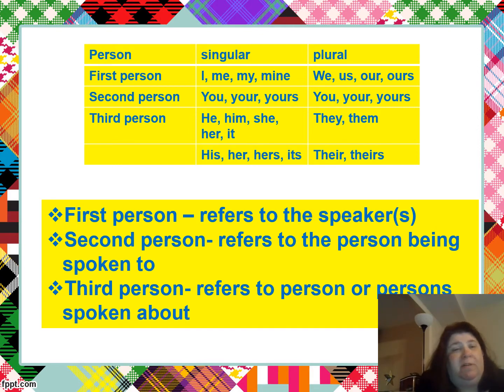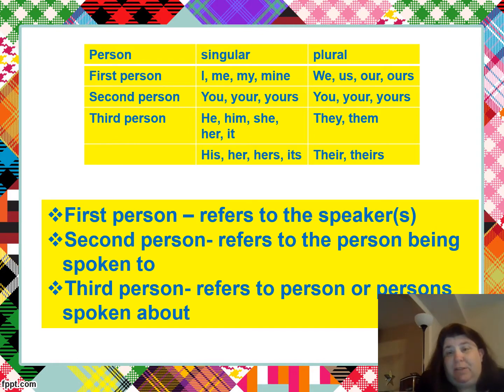We're not going to go a lot into depth about singular and plural, and really even into the first, second, and third person, but just in general, the first person refers to the speaker. That is my house. I like chocolate. I'm talking about me, the speaker.